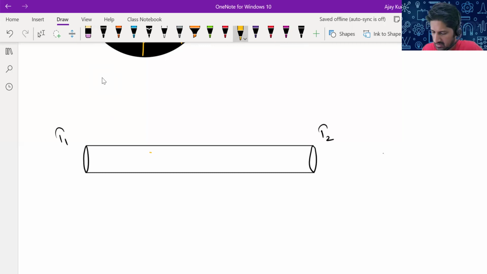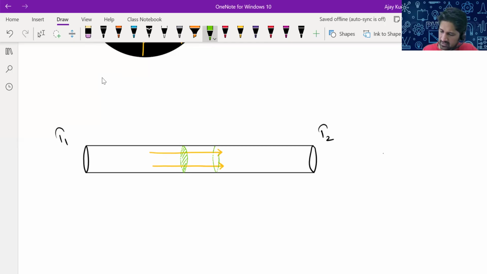Visualize heat flow. Heat flow will be from one side of the rod to the other side. Okay, assuming T1 is more than T2, this is the direction of heat flow. As heat flows this way, you now visualize the cross section through which the heat is flowing. Since the rod is cylindrical, the area of cross section will be circular like this.